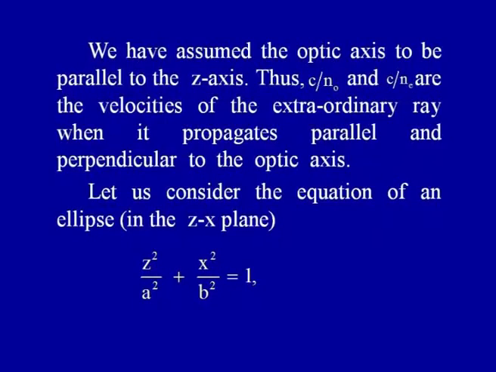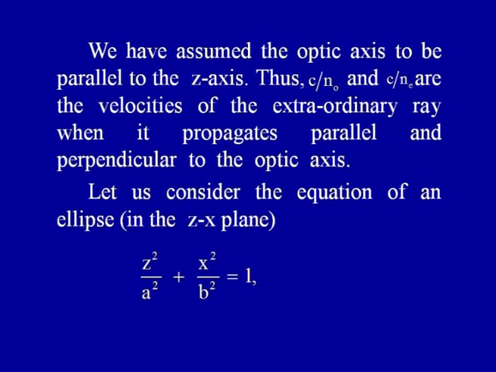Here n_O and n_E are the refractive indices of the crystal for the ordinary and for the extraordinary ray respectively, and θ is the angle that the ray makes with the optic axis. We have assumed the optic axis to be parallel to the z axis here.